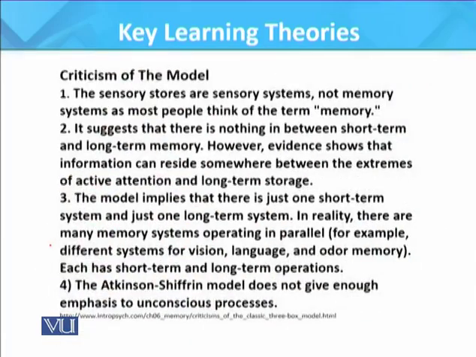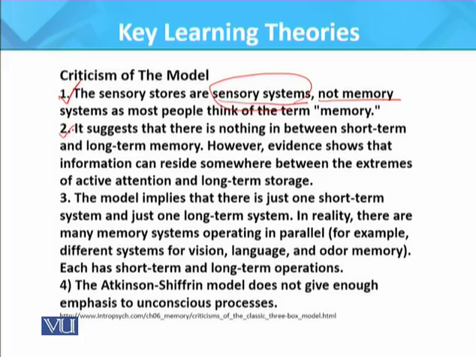This model attracted a lot of criticism as well. The first criticism is that the sensory stores are sensory systems, not memory systems, as most people think of the term memory. So that is not memory, it is rather the sensory system that the model refers to.